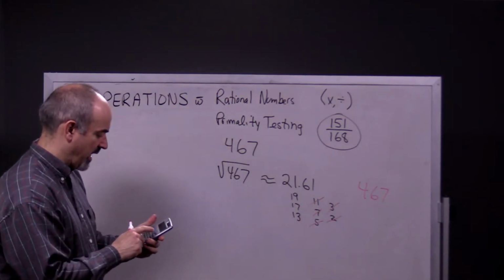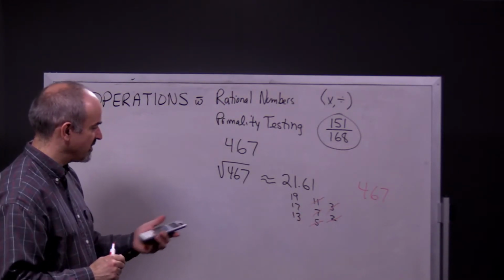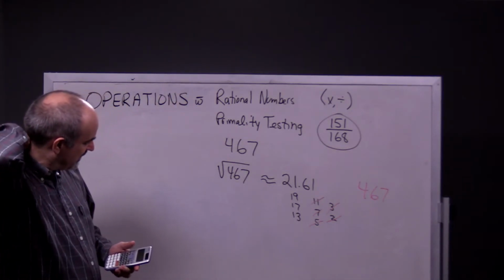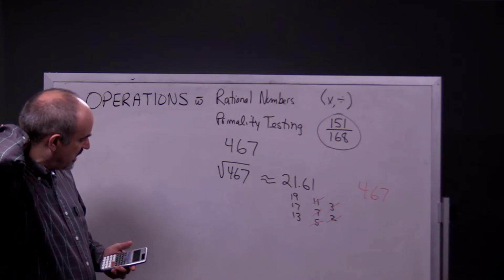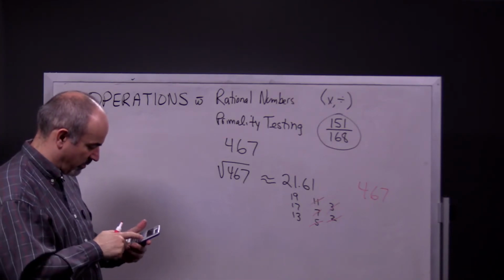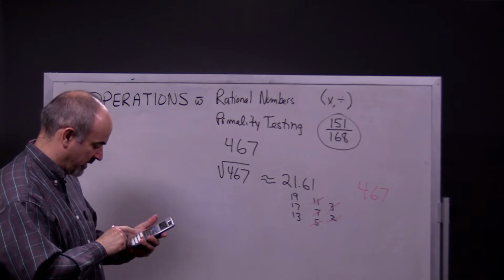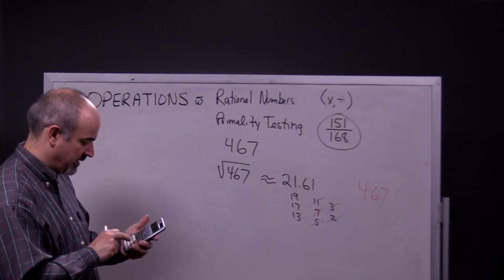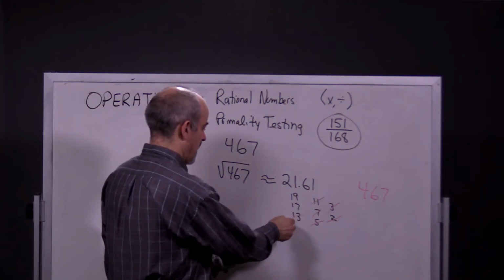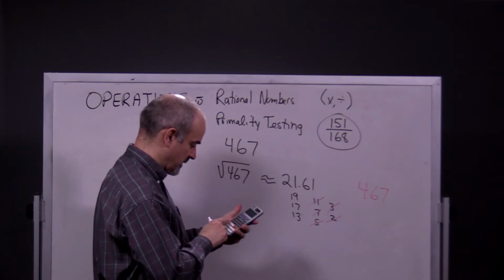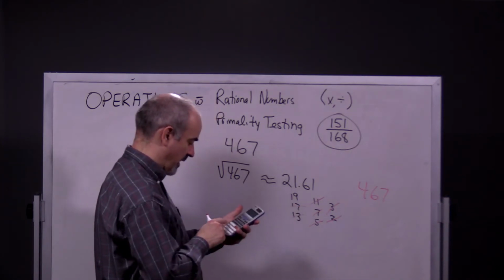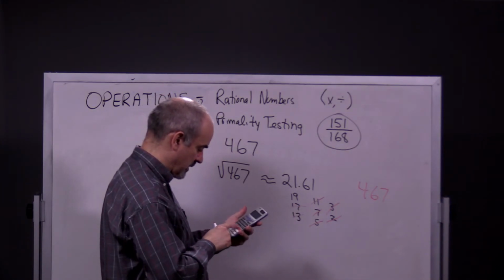11's not going to work either. I know the divisibility rule for 11. Actually, I know it for 7 too, but I don't really want to get into it. 13, I used to know the rule for that. I'll admit that I don't know it right off the top of my head now. But I'll just divide 467 by 13. Doesn't work. How about 17? 467 divided by 17. Nope. 19. Watch. Hopefully, maybe this will work.